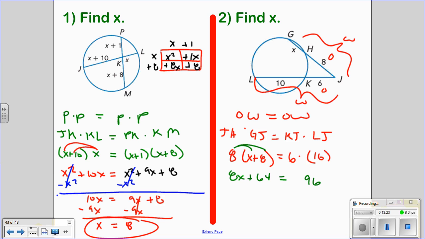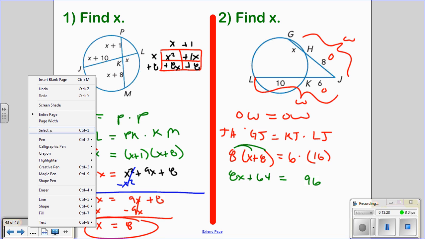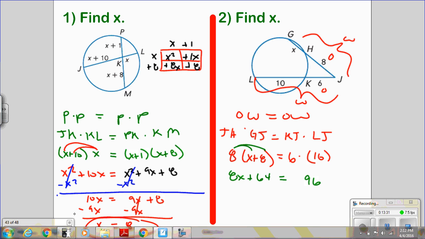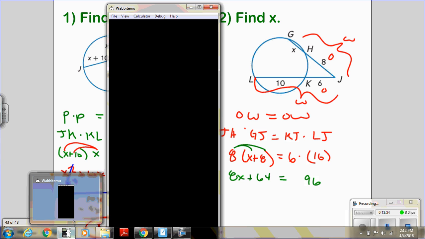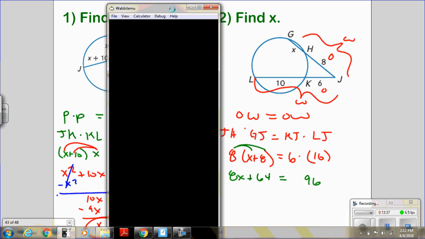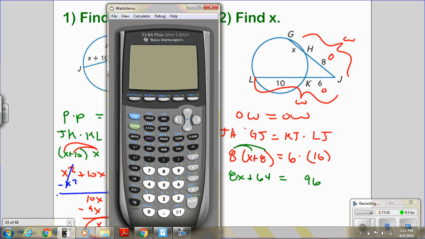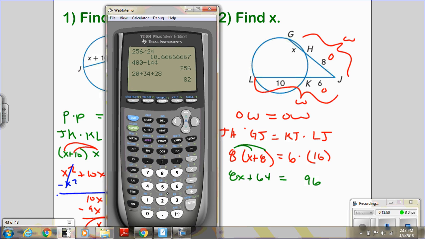Let me double check real quick, because I'd hate for this information to be wrong. All right, 96.